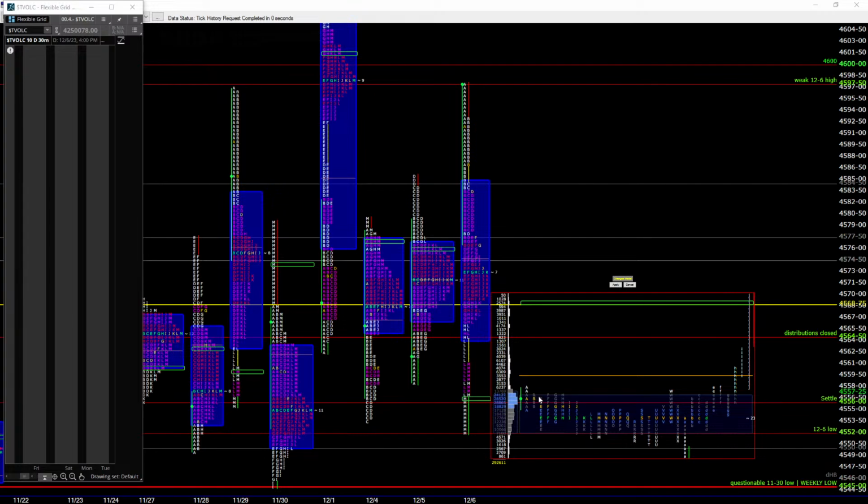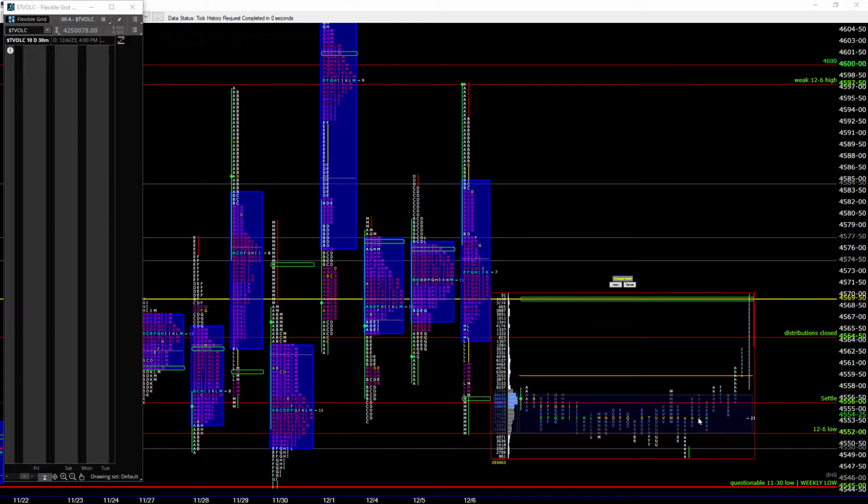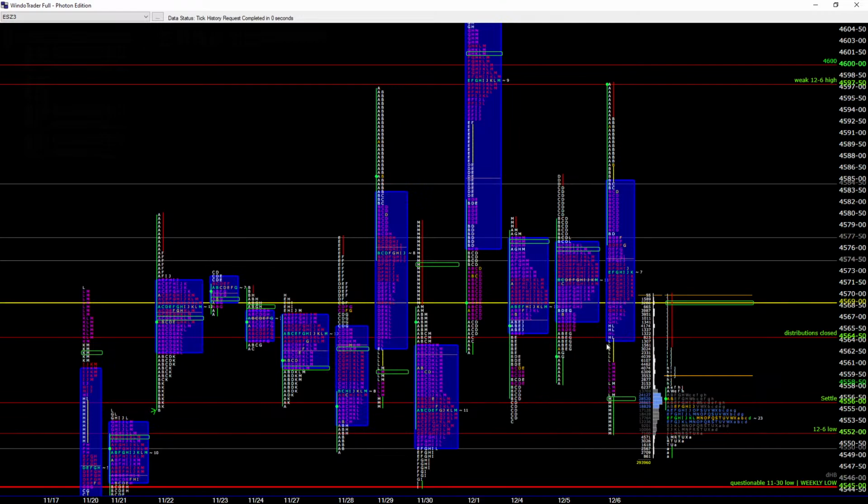Like notice 1, 2, 3, 4, 5, 6, 7 times sold from this area, then more here, 2, 4, 6, 7, 8, 9, 10 from this level here. And what is going on right now, I can say, is maybe a rebalancing of the overnight short inventory in progress. Now, I'm going to close this.